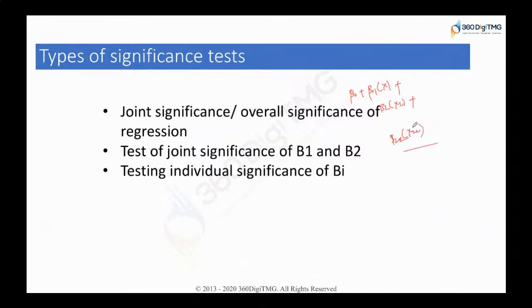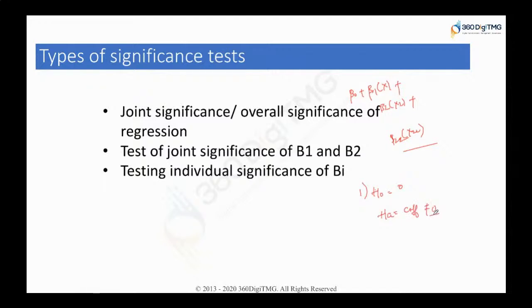So what will be your H naught for the first one, for joint? All these beta values are 0. And H1 will be that all these coefficients are not equal to 0.